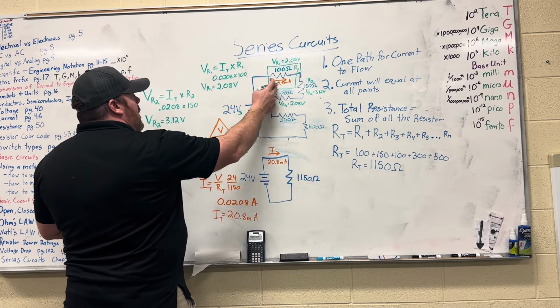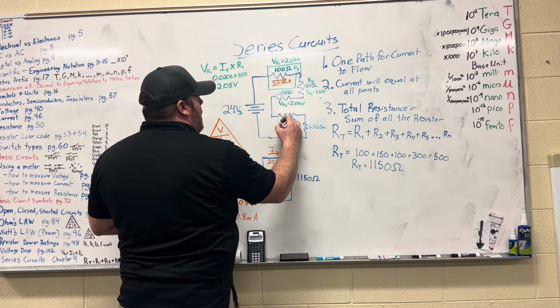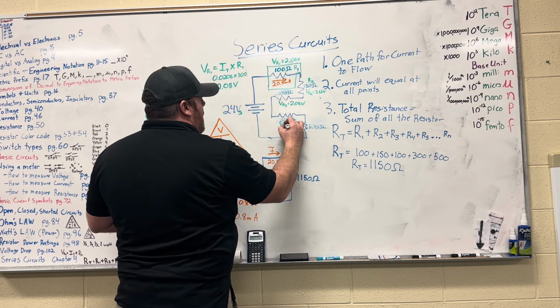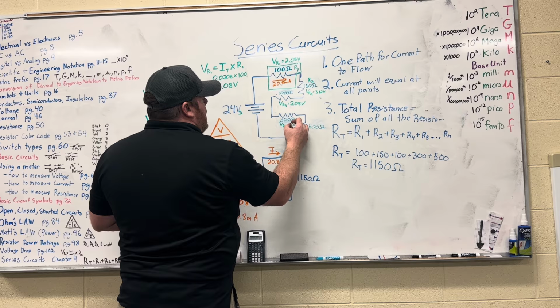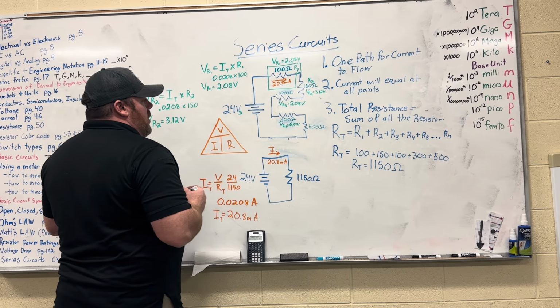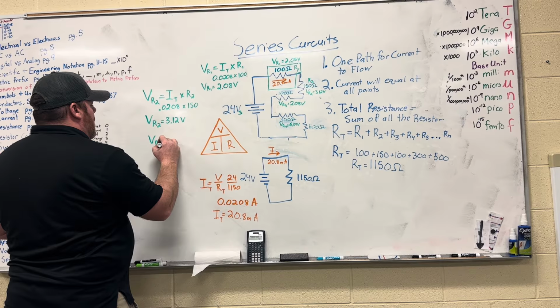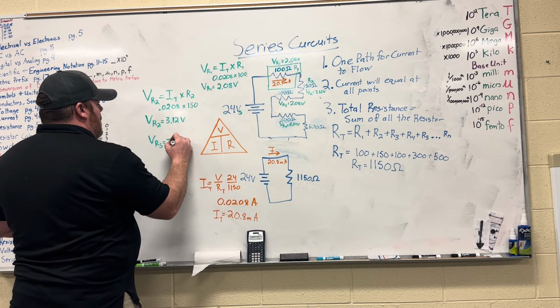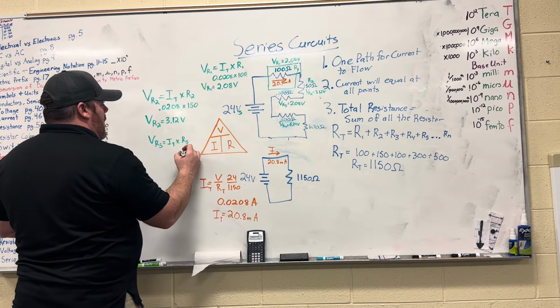The total current, 20.8 milliamps times 300, or also known as 3 times this value right here. So you could say the voltage drop across R4 is going to be something around 6.24 volts.